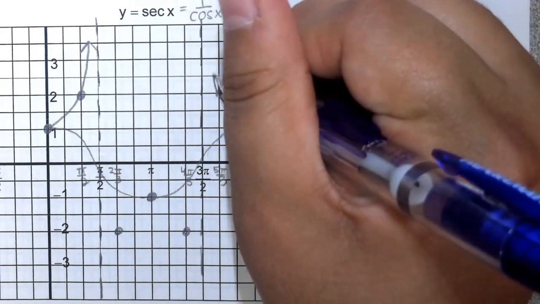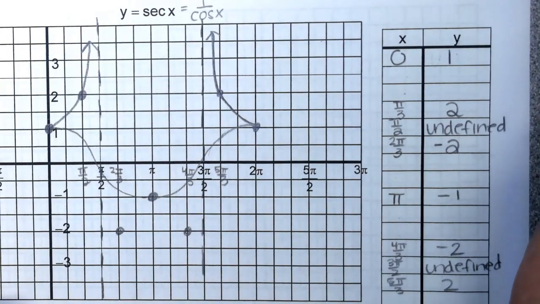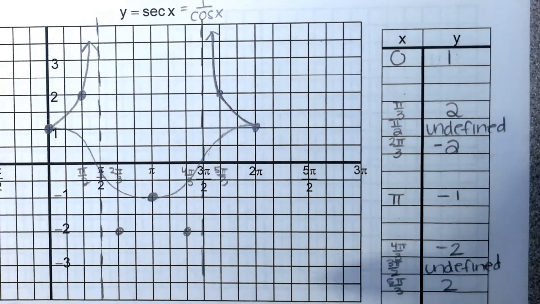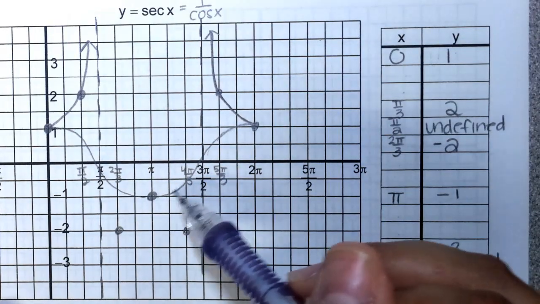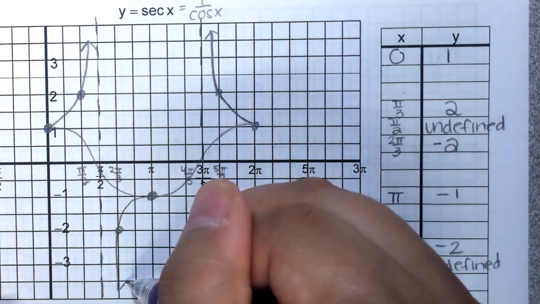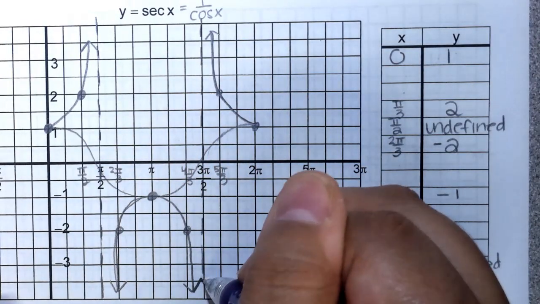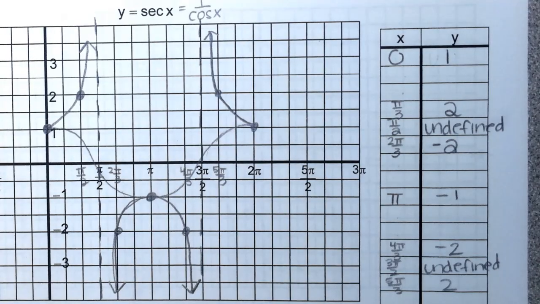The reciprocal is going to go up. Look up. Do you see how this is like a U shape? This is my secant parent function.